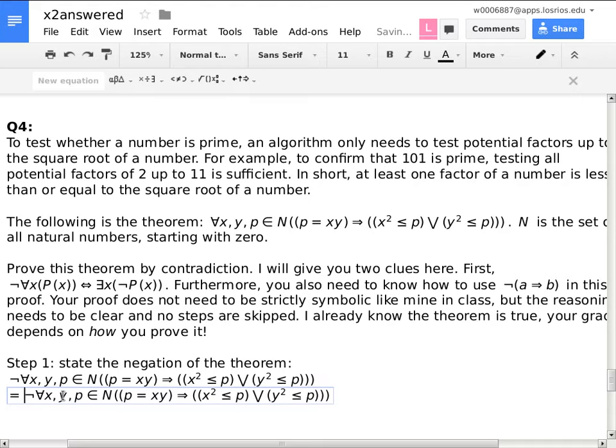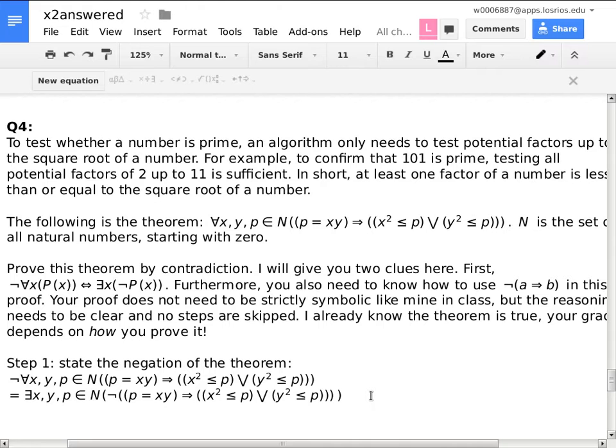Here I start to use some of the stuff that I put up in the question itself as a clue, and I say I'm going to move the negation into the inside here, and then I need an extra pair of parentheses here, and I would change the for all into an exists. Is that part okay? I just made use of a clue that I put into the question itself.